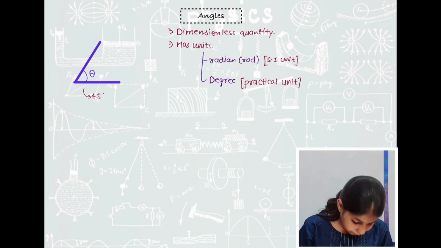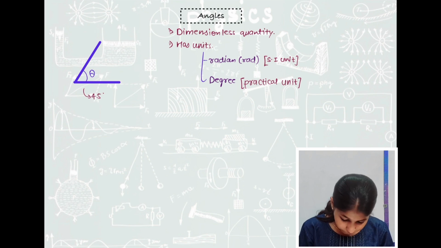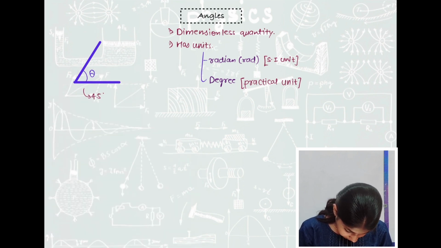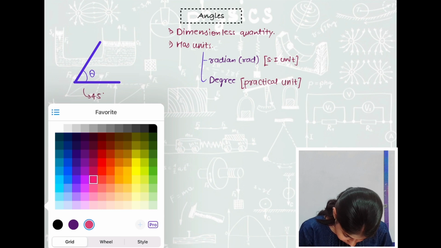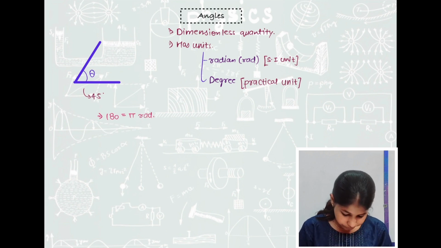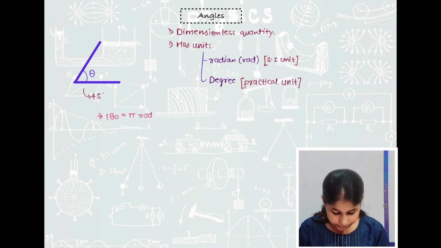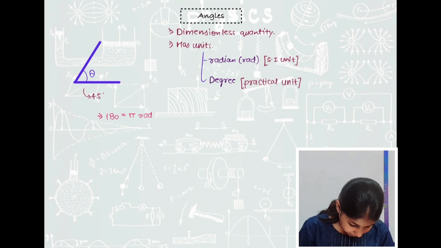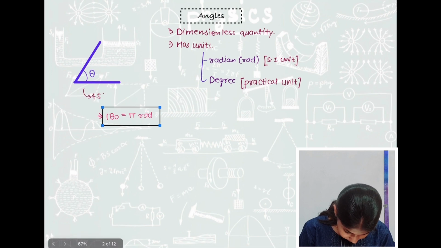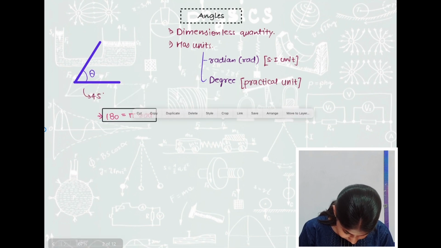The basic thing, which is very important and you should learn it, is that 180 degree is equal to pi radian. 180 degree is equal to pi radian. Let me put it in a box. Okay, this is very good.